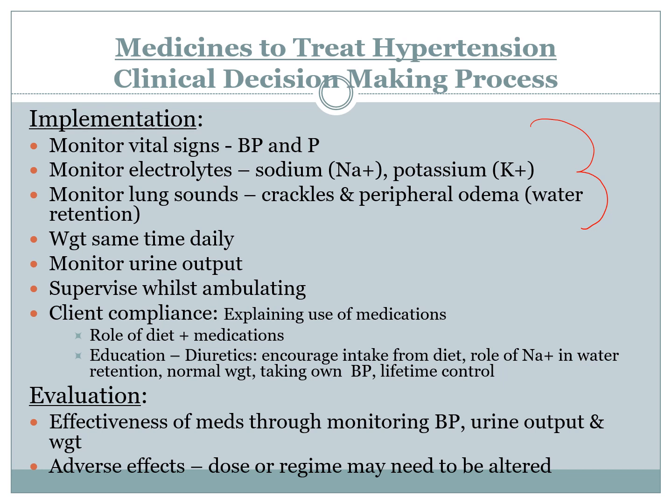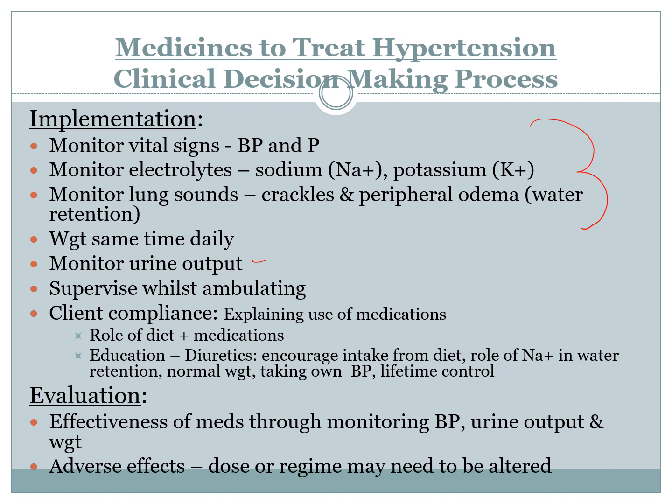Have a look at their hydration status through their urine output. Check them lying down, check them sitting up, see if they have any signs of postural hypertension, and maintain the education on the importance of diet, exercise, lifestyle changes whilst taking the medication.